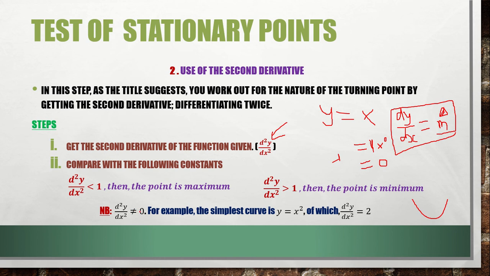The second derivative cannot be equal to 0 if and only if we are focusing on testing stationary points. But if it's other things, for example, you have been given the equation y is equals to x, and you are told to differentiate and get the second derivative, you just write it as 0. Nobody will penalize you because it's true. That's what has to be done.